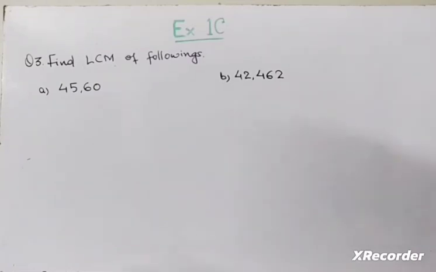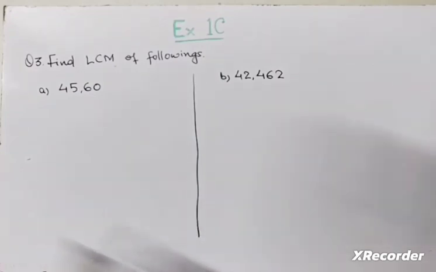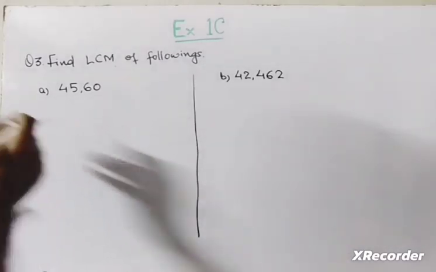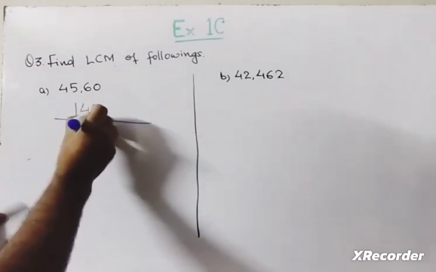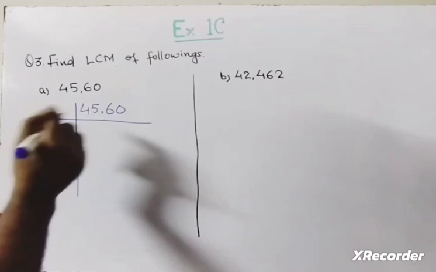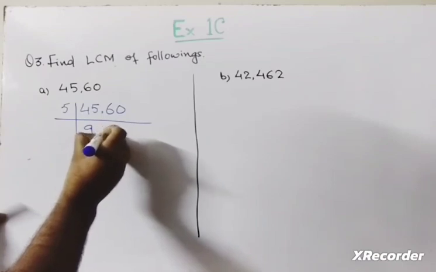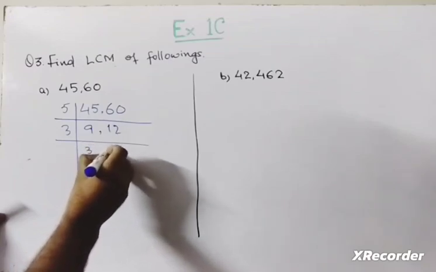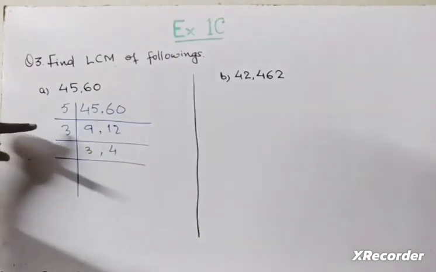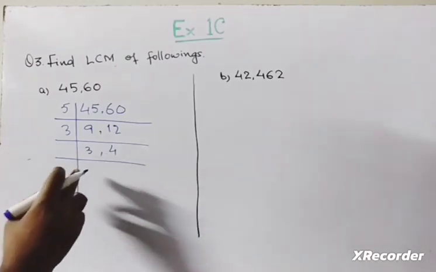Now moving to question number 3, find the LCM of the following. We have learned to find the HCF, now the LCM. The procedure will be the same, but we continue until the remainder is 1. Let's start. 45, 60. Now it comes in both, we get 9, 12. With 3 we get 3 and 4. In HCF we stop here because both numbers are not in the same table, but in LCM we continue until the remainder is 1.